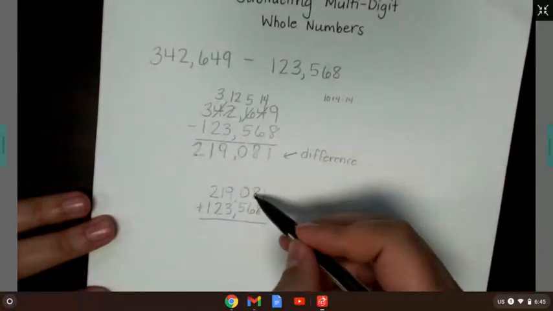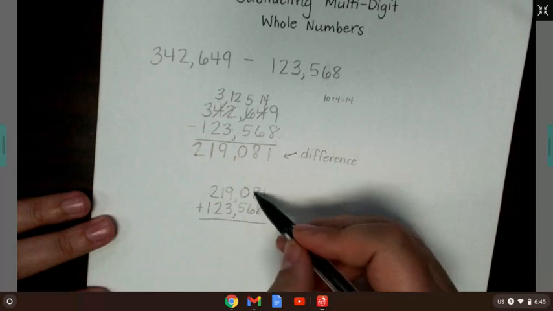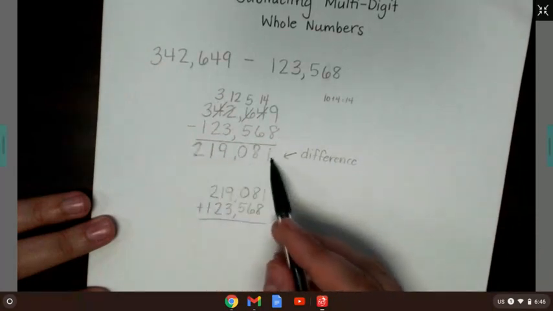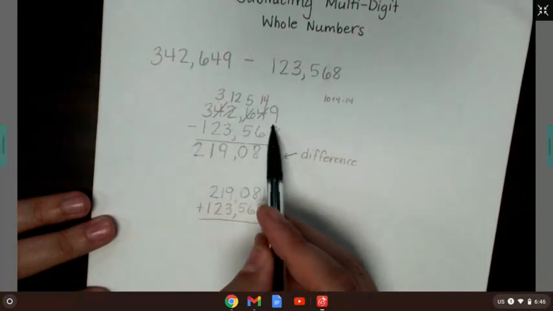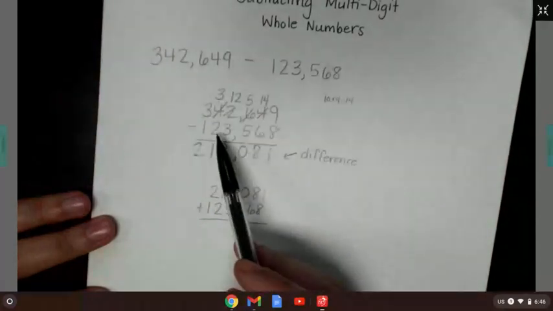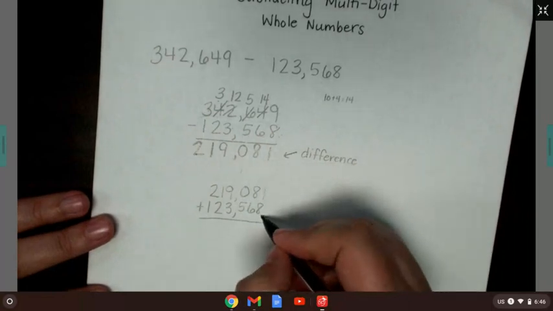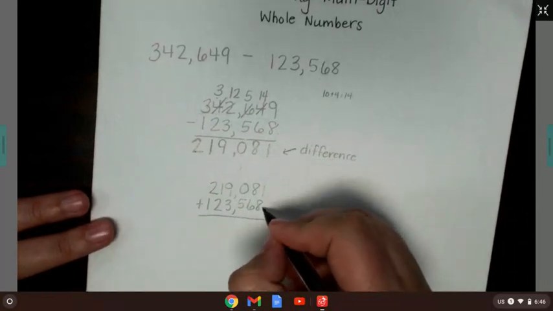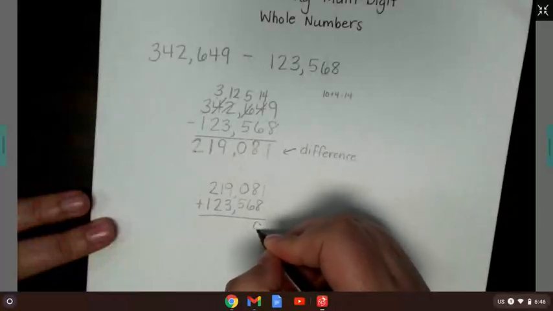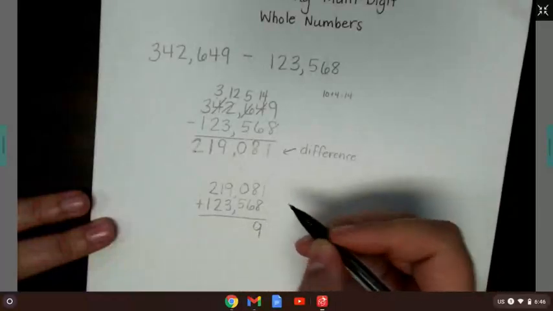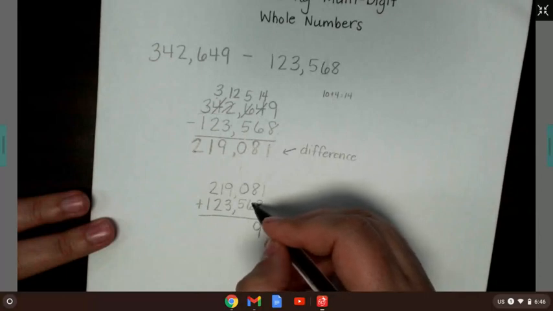Now, I have to go through and add, and if this is correct, I'm going to get this number right here. But I have to go through and add. I can't just write that number down and say, oh yeah, that's right. I have to start at my ones place and add. So we have 8 plus 1, or 1 plus 8, which is 9. I know 6 plus 6 is 12, 13, 14.